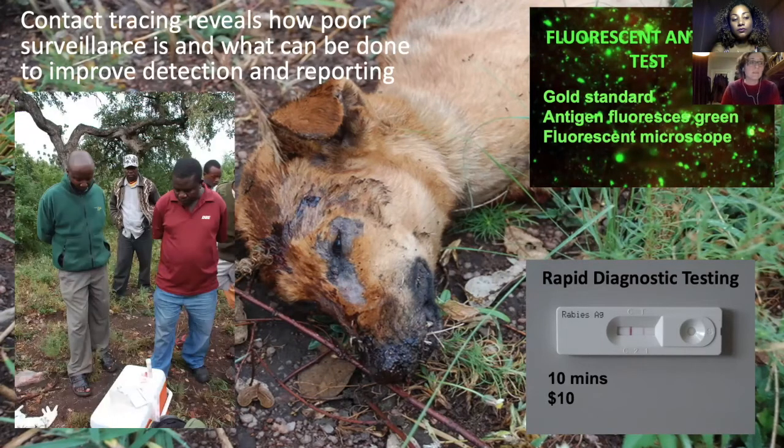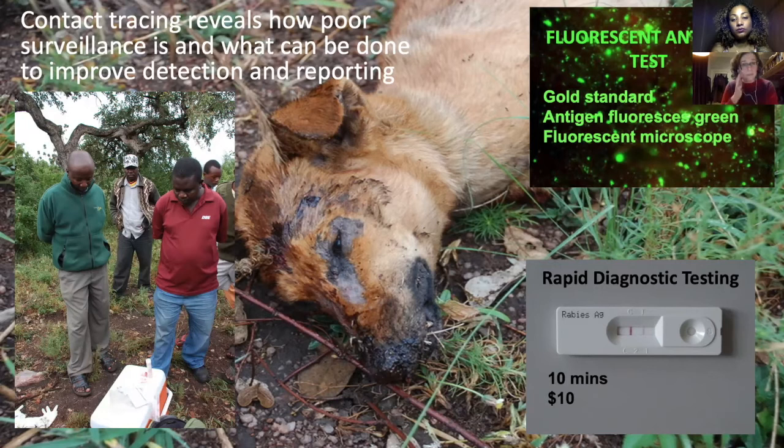And we've found that people in the communities, the livestock field officers who are doing surveillance, find these tests really, really great. It empowers them to be able to get a diagnosis very quickly. There are issues with it. It's not quite as sensitive as the gold standard, so we don't really want it to be driving use of post-exposure prophylaxis.